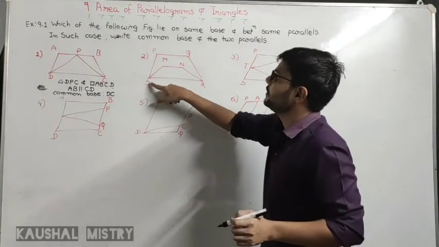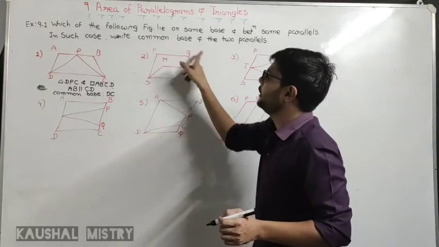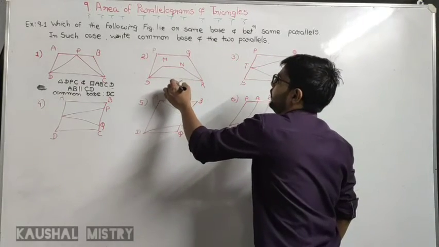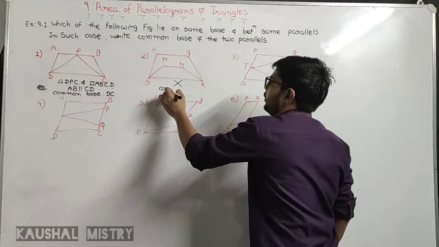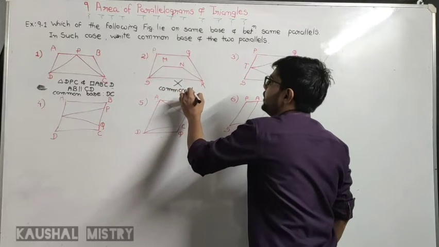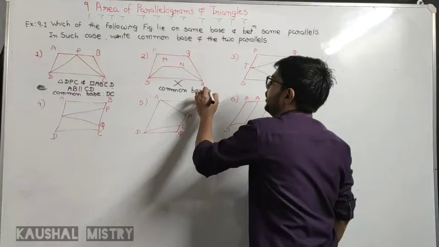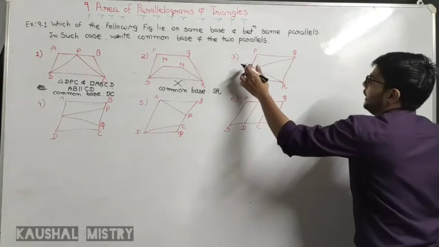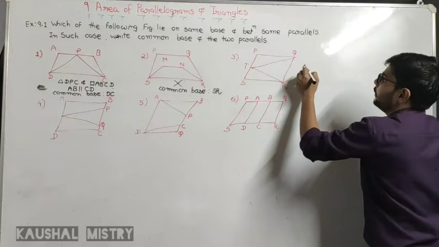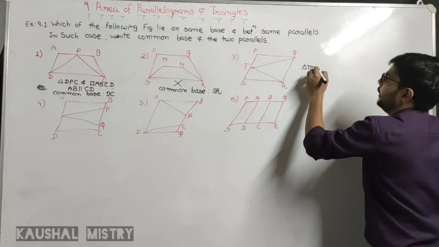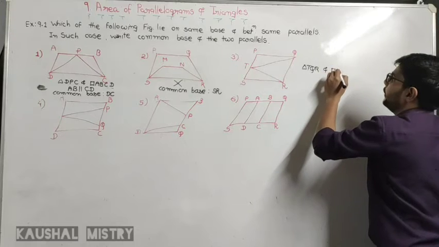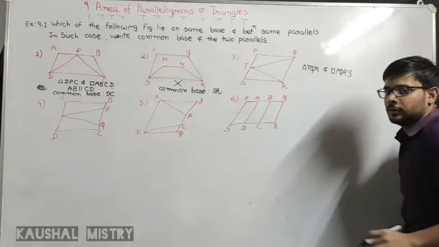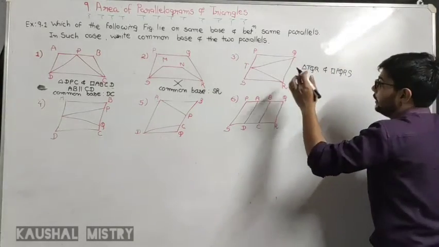SR is the common base in SMNR and PQRS, but the parallel line is not there, so this will be no. If we want to write the common base, here the common base is SR, but the parallel line is not there. Here we can see that triangle TQR and quadrilateral PQRS both have the same base and a common parallel line, right?